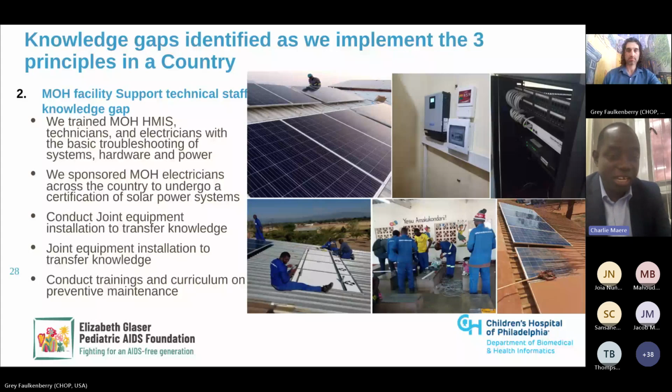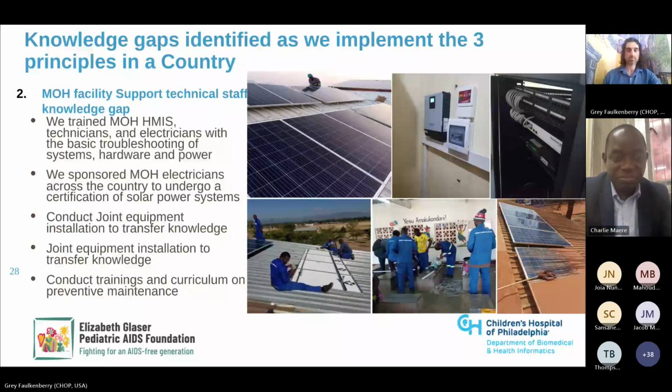These might be electricians, technicians, and also what we call HMIS officers, whom we handhold to manage the power, the network and also the system itself. We also sponsor some, especially electricians, to go through proper solar power systems certifications, and also conduct joint knowledge transfer and so on.